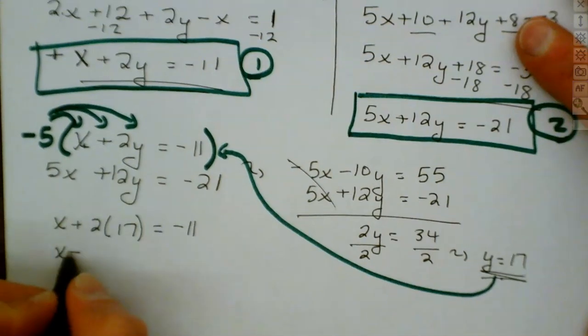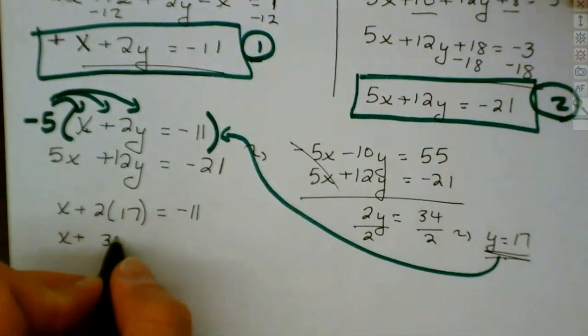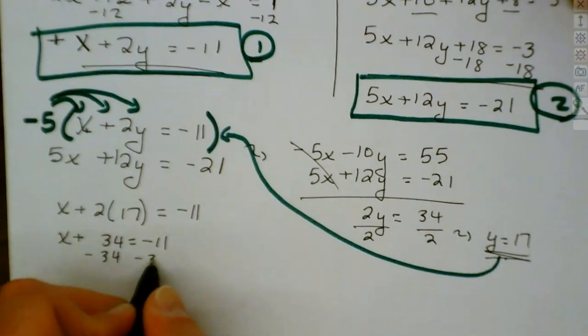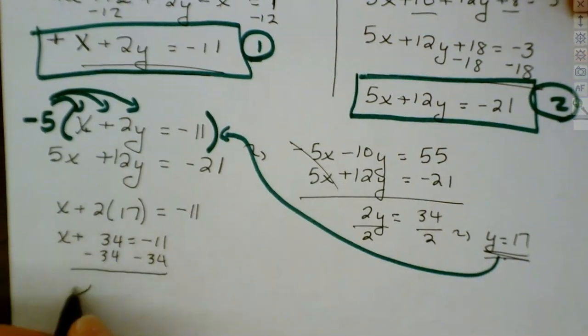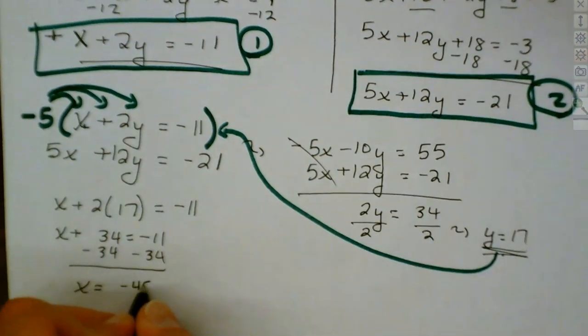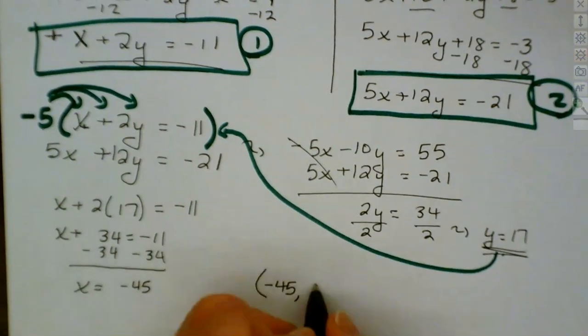So, now we've got x plus 17 times 2. That's your 34. We're going to move that 34 over. And we now have x equals, those go together, 34 and 11, they're both negative, negative 45. So my answer would then be negative 45, comma 17.